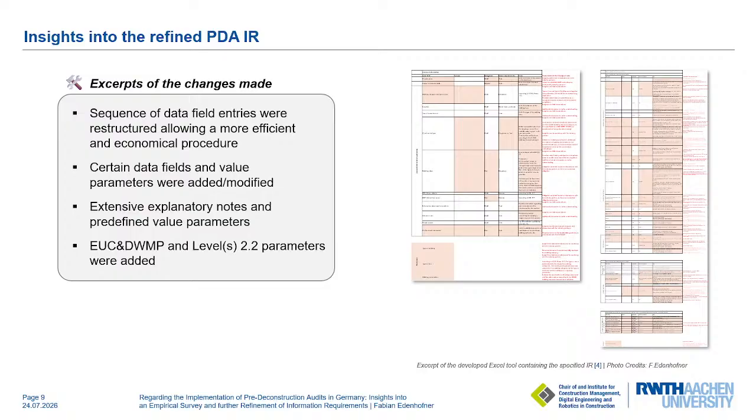For example, deconstruction methods were added and the parameter fields for accessibility were changed because it didn't make so much sense. And we gave a lot of extensive explanatory notes and also predefined value parameters to eliminate any ambiguity when filling out those parameters. And if you were to plan corresponding reporting according to the European Construction Demolition Waste Management Protocol or Levels 2.2, we also give the needed parameters.